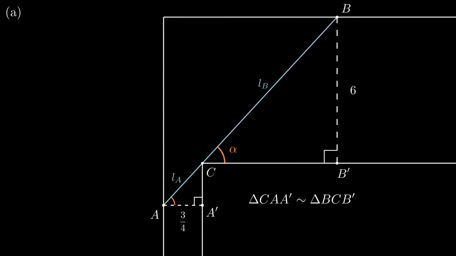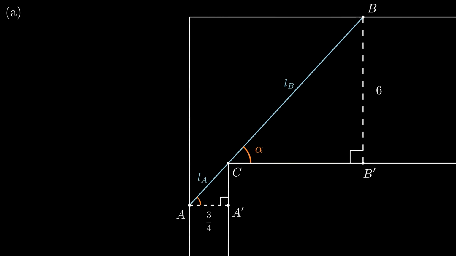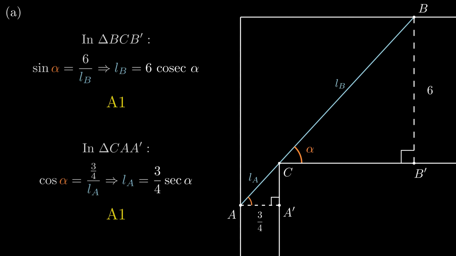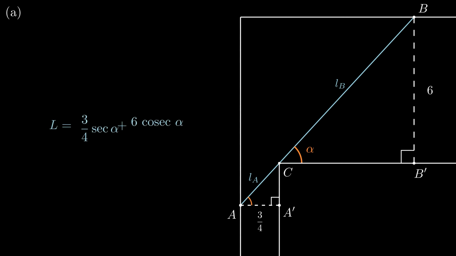This implies the angle at A is also alpha. After that, we use standard right angle trigonometry to find both length of A and length of B. This yields one accuracy point for each. L is just the sum of both, and we get the given answer.